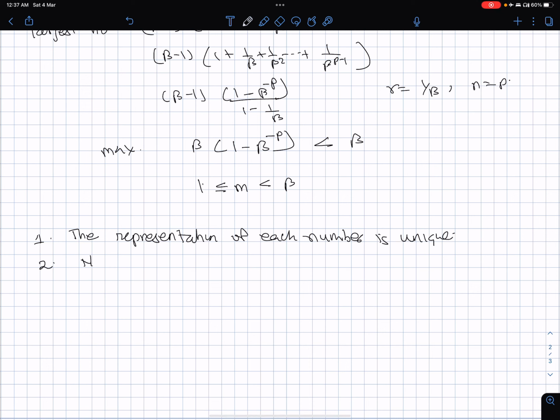Two, no digits are wasted. This I have illustrated to you earlier. Wasted on leading zeros, unnecessary. I showed you earlier the zeros, thereby maximizing precision.